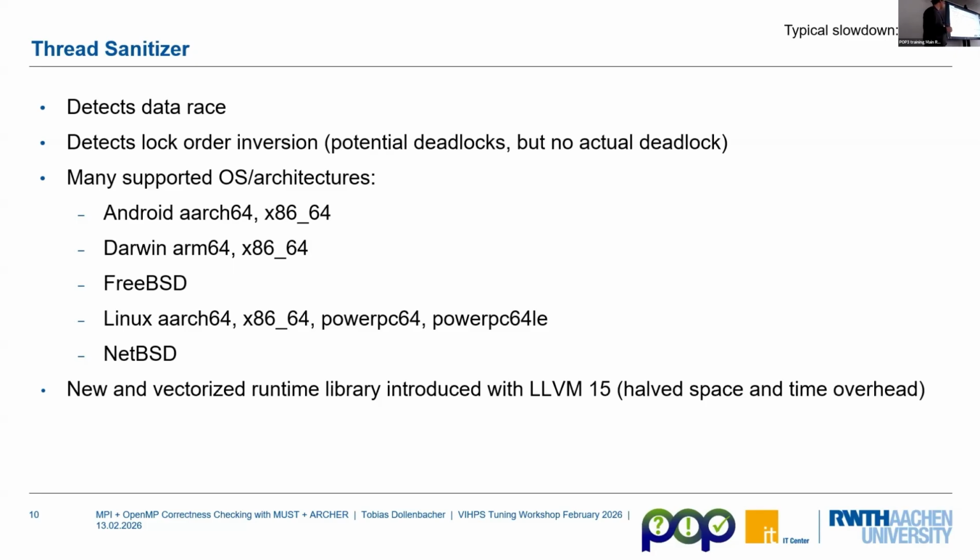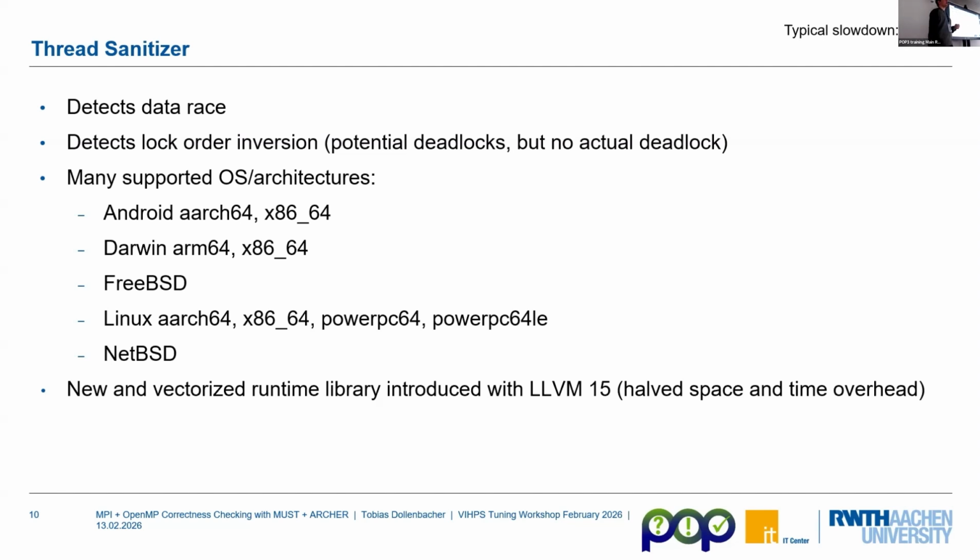And since LLVM 15, it's doing that faster. By the way, I forgot to mention, we have on the top right corner, sorry, it's left for me, but right for you, the potential slowdown you get when you run those sanitizers. For the other ones, you can look that up in the slides. It was about 2 to 3 times most of the time.